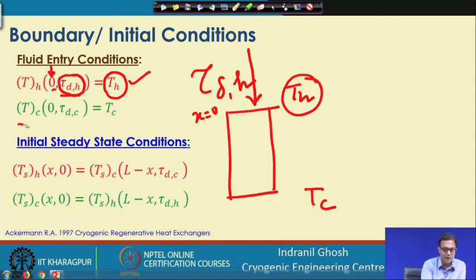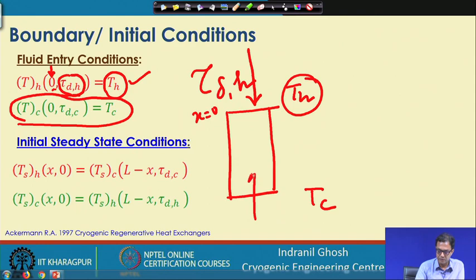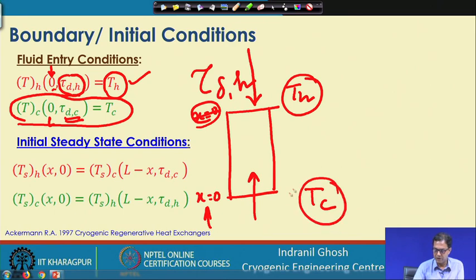So, the other condition is for the cold fluid stream flowing in the other direction. This should be at x equals to L. So, for this entire dwelling time tau d c, it is entering at Tc.